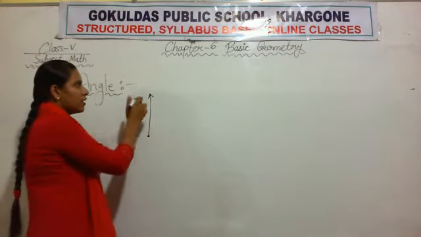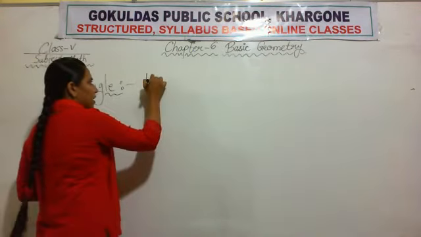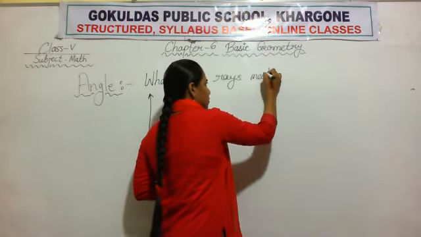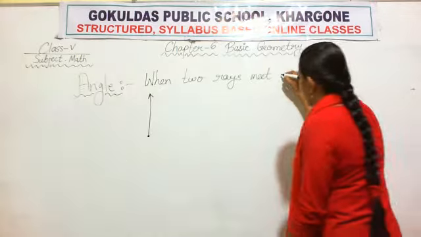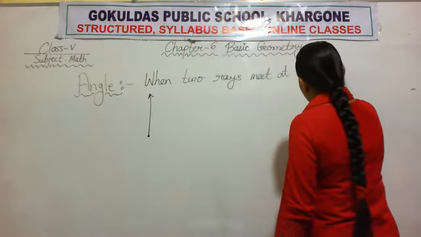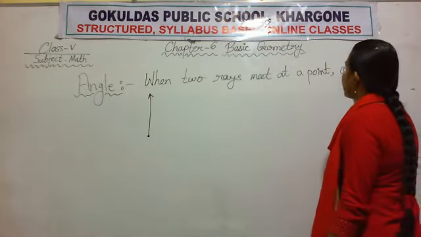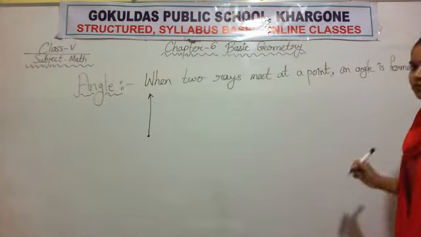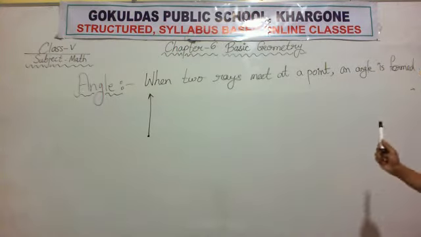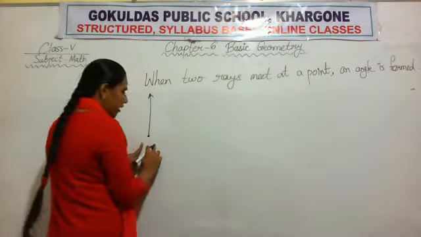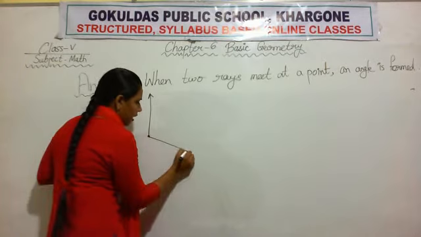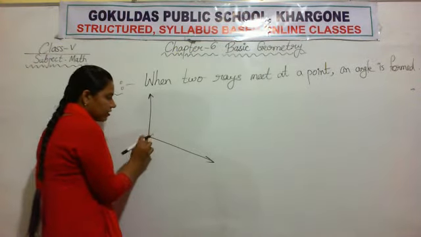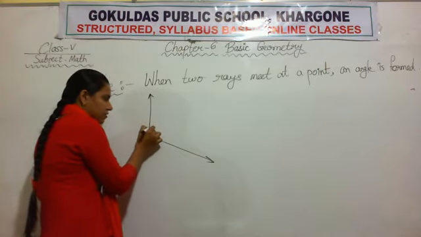What I am saying, what is angle? Angle is when two rays meet at a point, the space between two rays is known as angle.